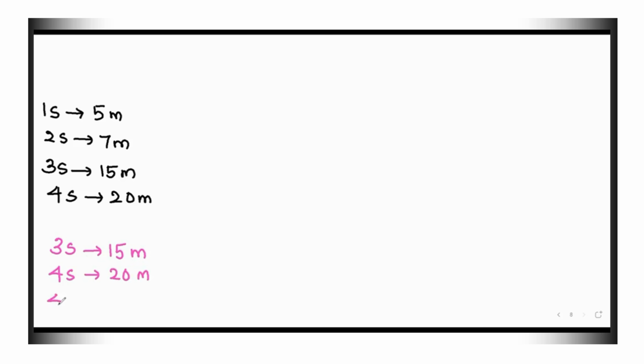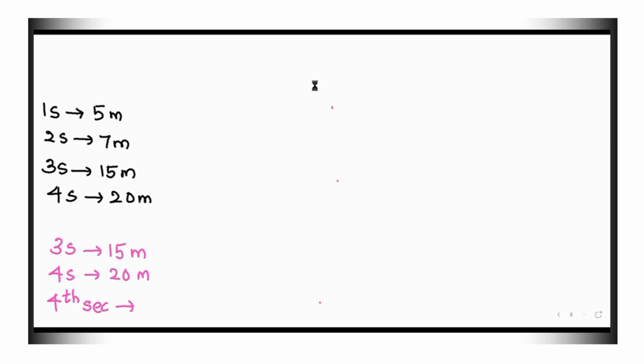But if the question is the fourth second, it means the distance traveled after 3 seconds until the fourth second. We call it the distance traveled in the nth second, or fourth second.